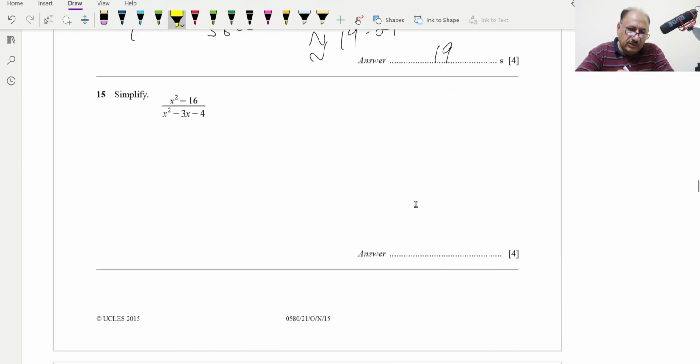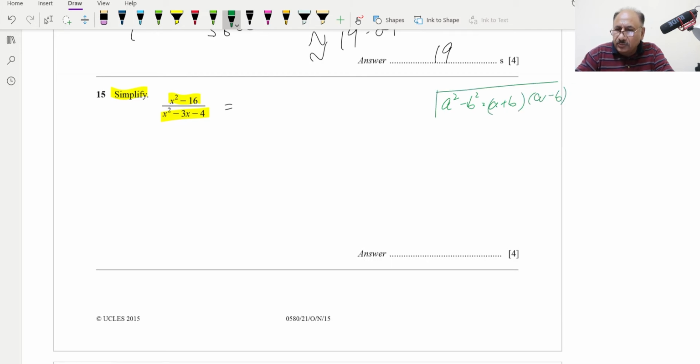Question number 15, we have to simplify this algebraic fraction. For that one we will be simplifying the numerator by the formula which we have, a square minus b square is equal to a plus b into a minus b. So this will be applied on numerator, and we will get x plus 4 and x minus 4, and denominator we can factorize.